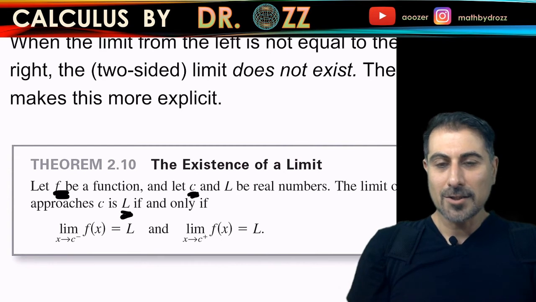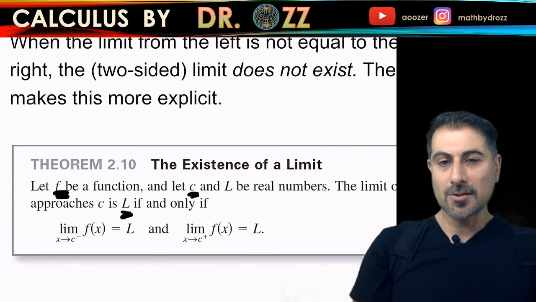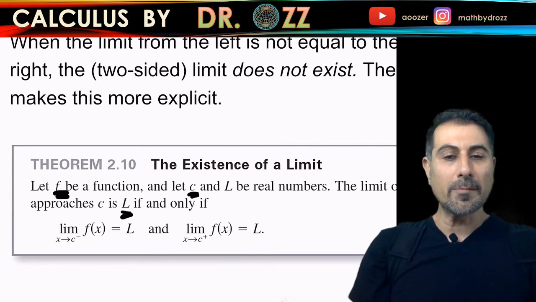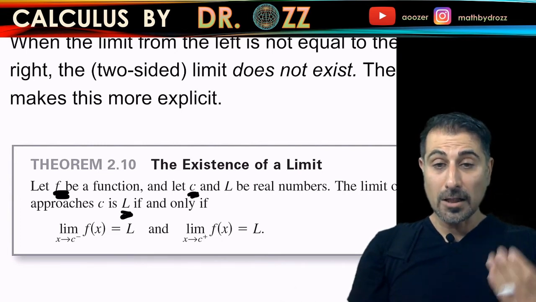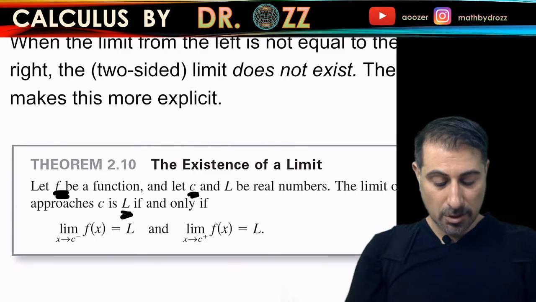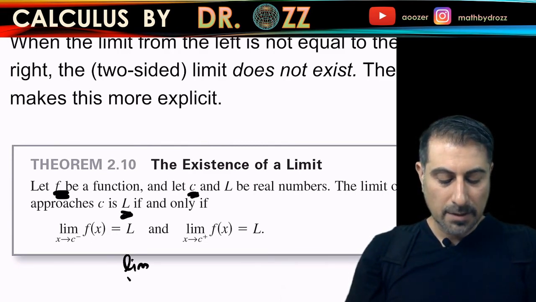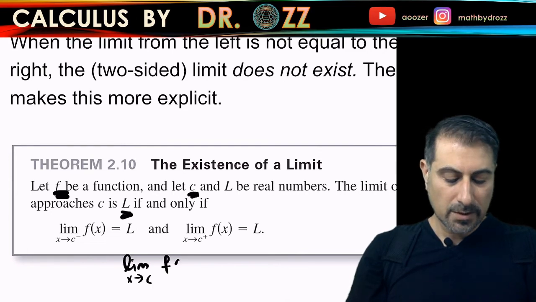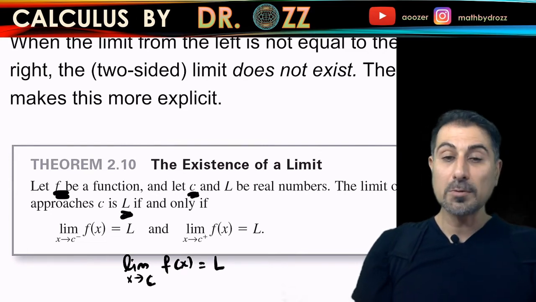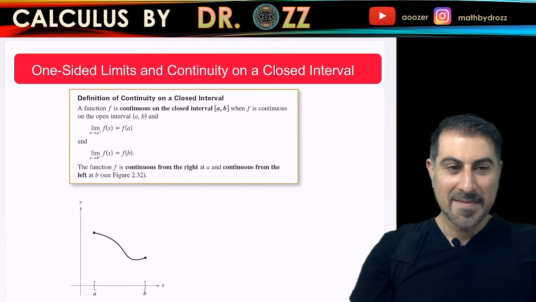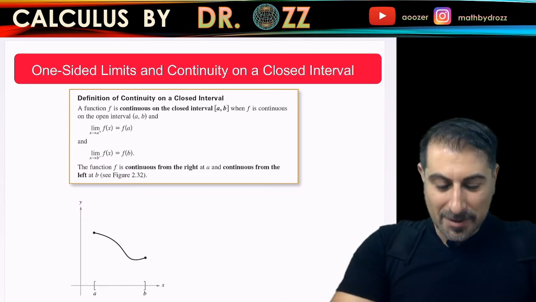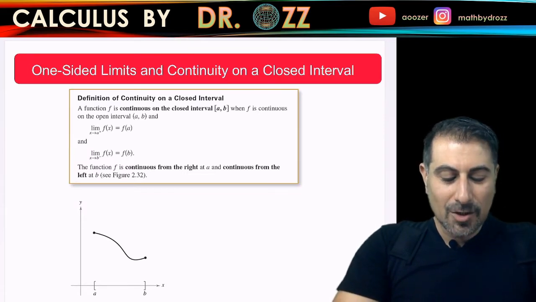So essentially all we're going to do for the existence of a limit is check the left and right limits. If they're equal, we call that value the limit of the function at x equals c. In other words, I can write that the limit of f as x approaches c is equal to L.